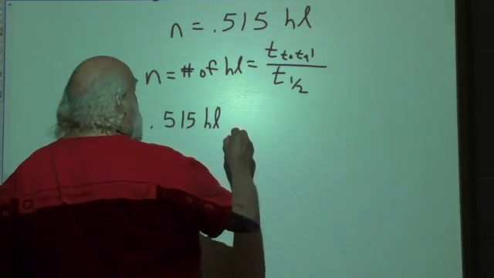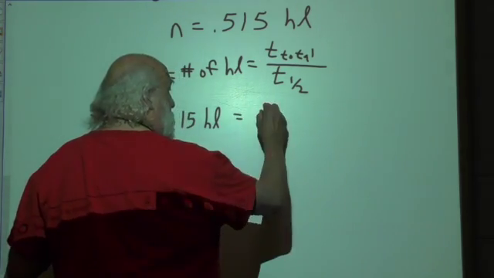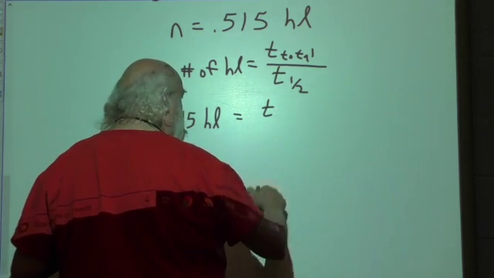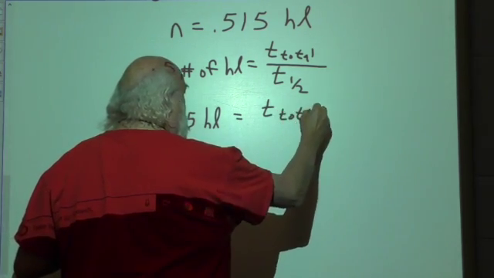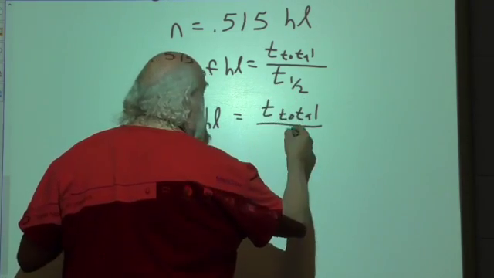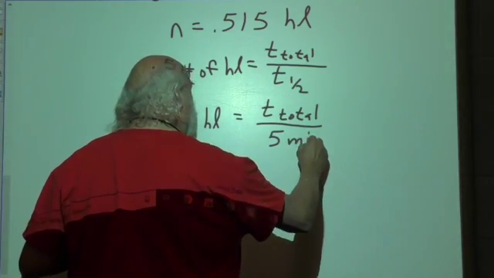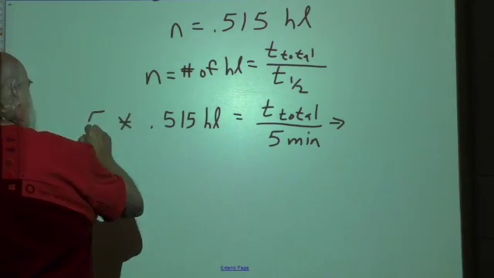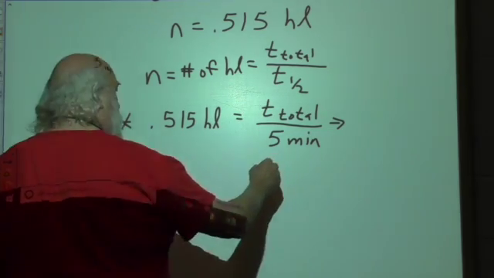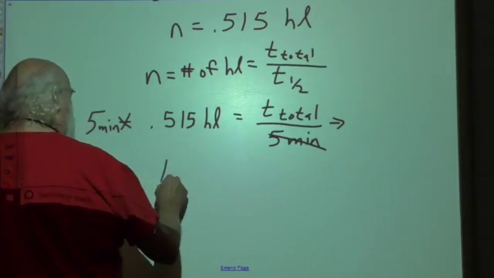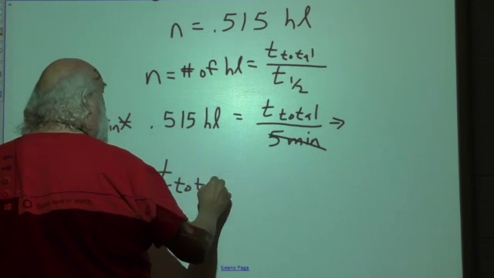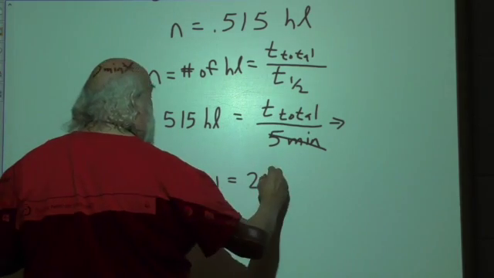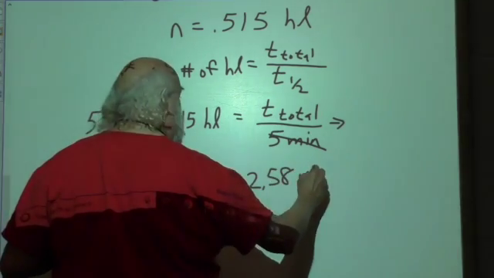And this is equal to the total time, which we are trying to find out, T sub total, divided by the half-life. Well, the half-life we said is 5 minutes. So if we multiply by 5 minutes to get that by itself, T total is equal to 2.58 minutes.